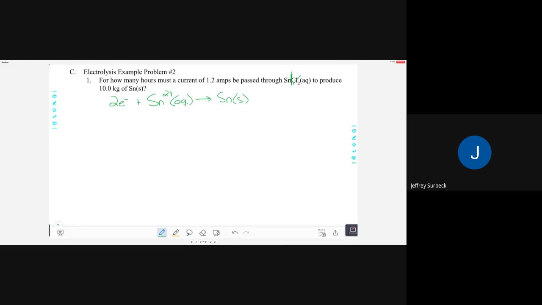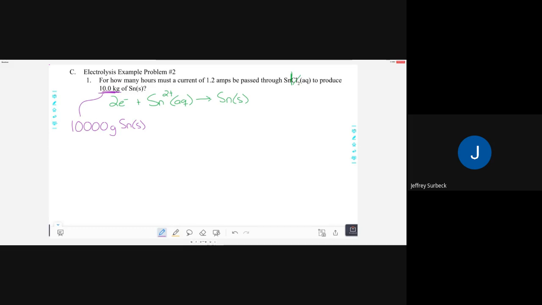We are missing those parts. So if we're missing those parts, then we need to start with our grams, our mass. Now, I don't like 10 kilograms because that is essentially 10,000 grams of solid tin. So we're essentially starting backwards and we're going to work towards coulombs.